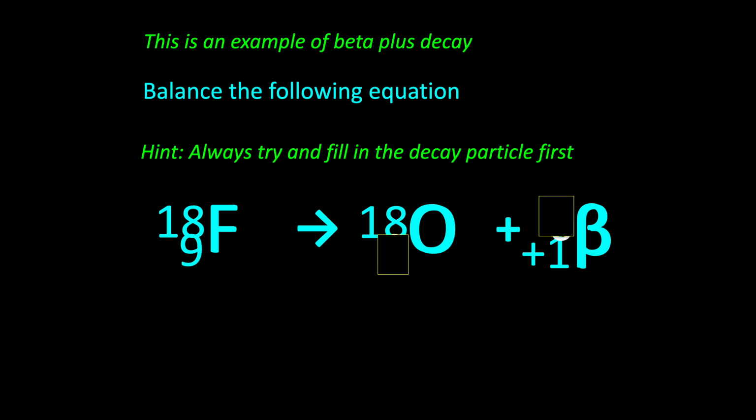So, in order for our mass number equation at the top to be satisfied, this number here would be equal to 0, because 18 is equal to 18 plus 0. And below, for the atomic number of oxygen would be 8. And that's because 9 is equal to 8 plus 1.